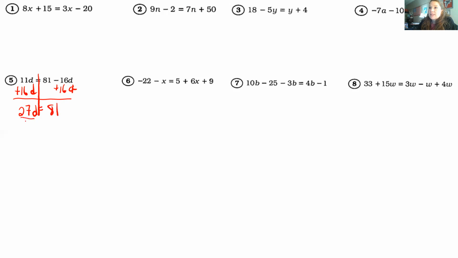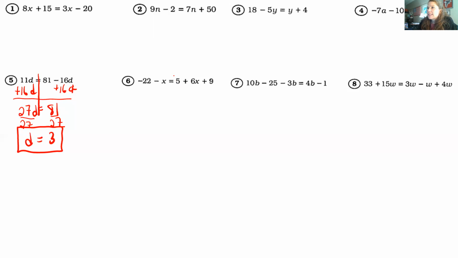And then the opposite of times 27 is divided by 27. So d is equal to 81 divided by 27, which is 3. So 3 is my correct answer.